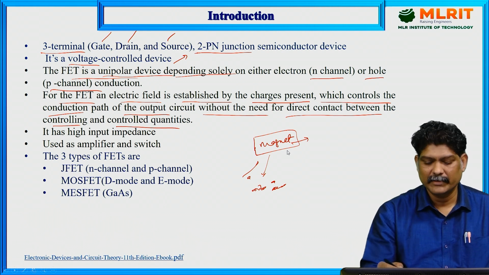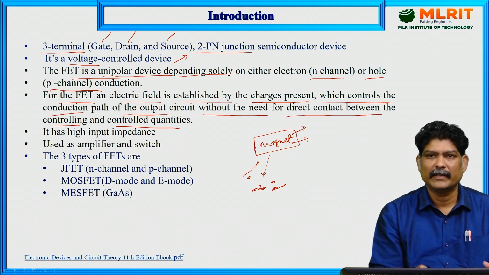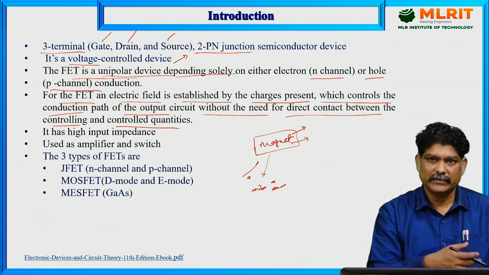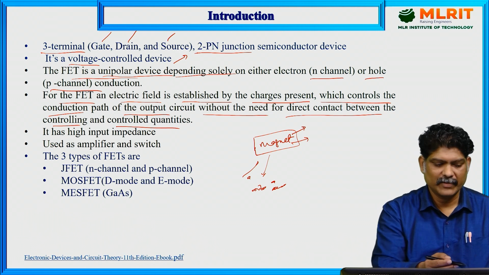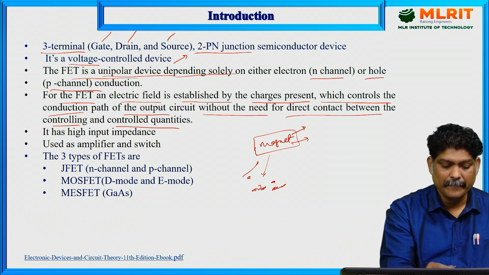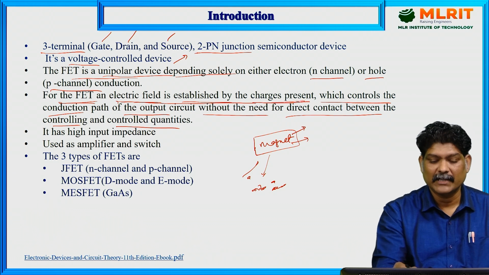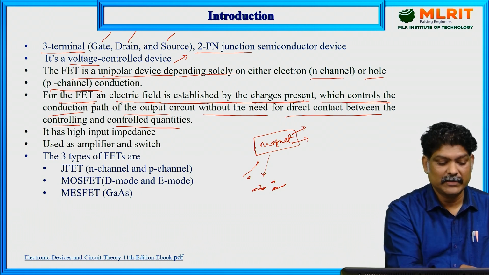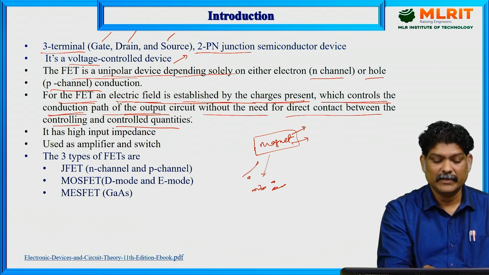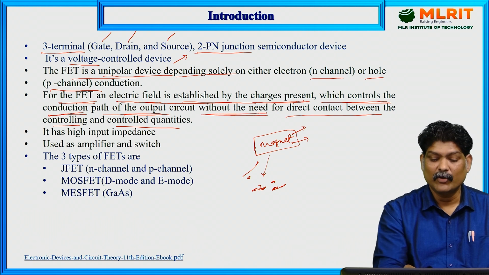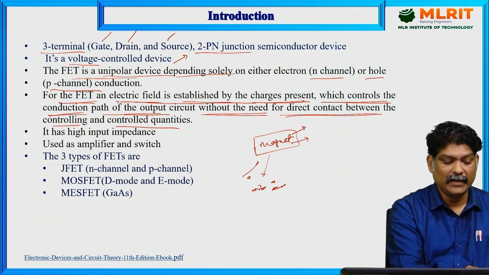In the FET, the output drain current is controlled by the gate voltage, so we can say it is the electric field. The electric field is established by charges present in it, which controls the conduction path of the output circuit without direct contact between the controlling and controlled quantities.